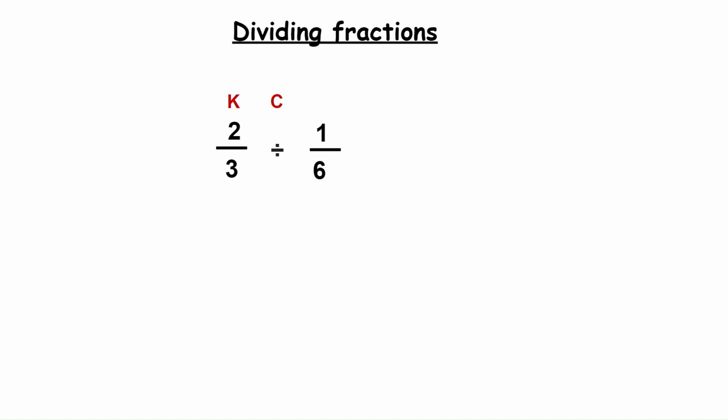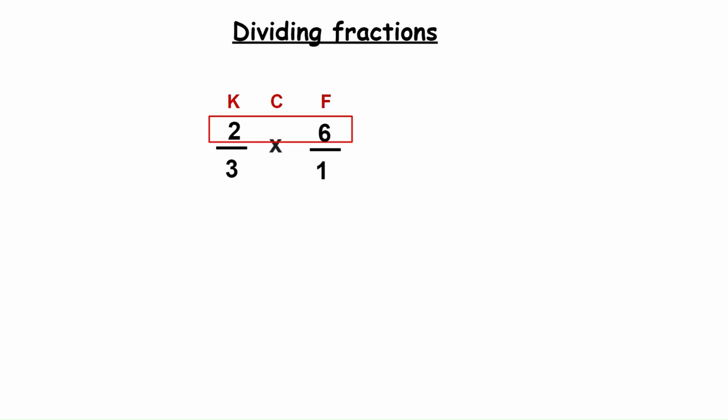We're going to change our operation from division to multiplication. And our last step, F, flip. We're going to flip the position of the numerator and denominator. And that's it. Now we have a multiplication problem. So let's solve it.